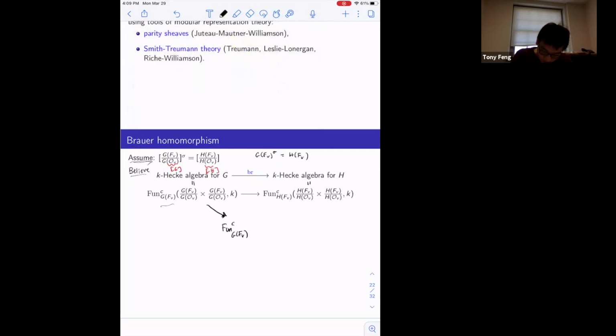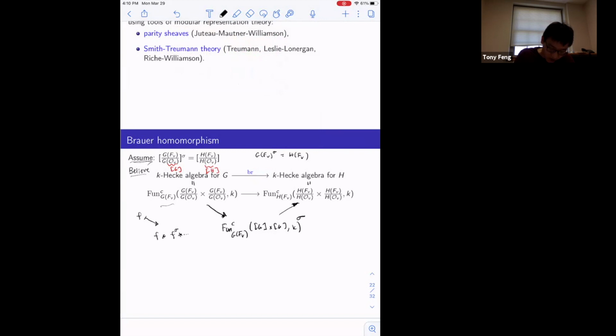So the first step will be some map to the Hecke algebra of G again, but consisting of functions which are sigma invariant. And then the second map will be to the target we want. So this first arrow just takes a function and makes something invariant by averaging over multiplication. There's a convolution on the Hecke algebra.